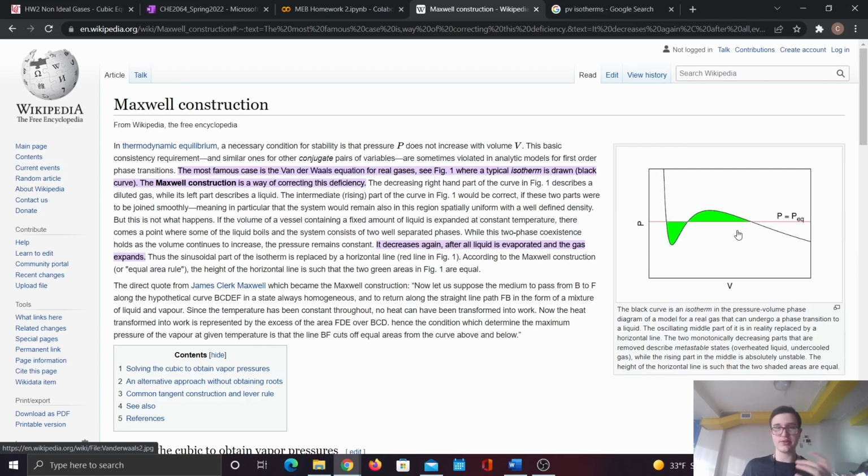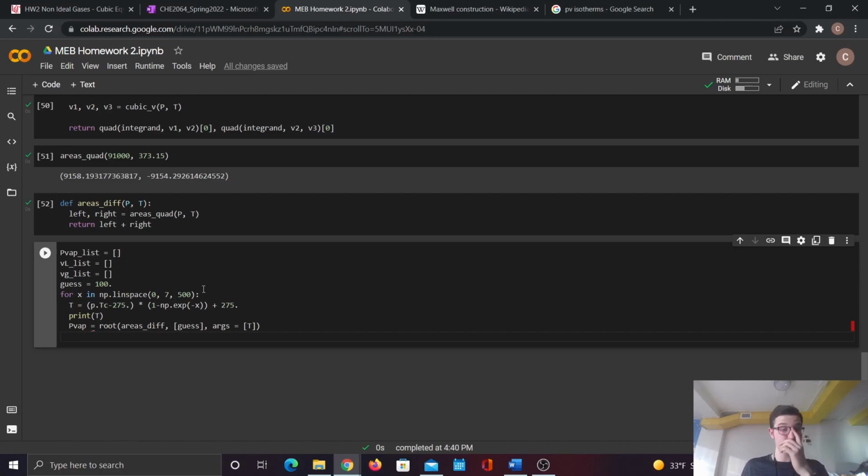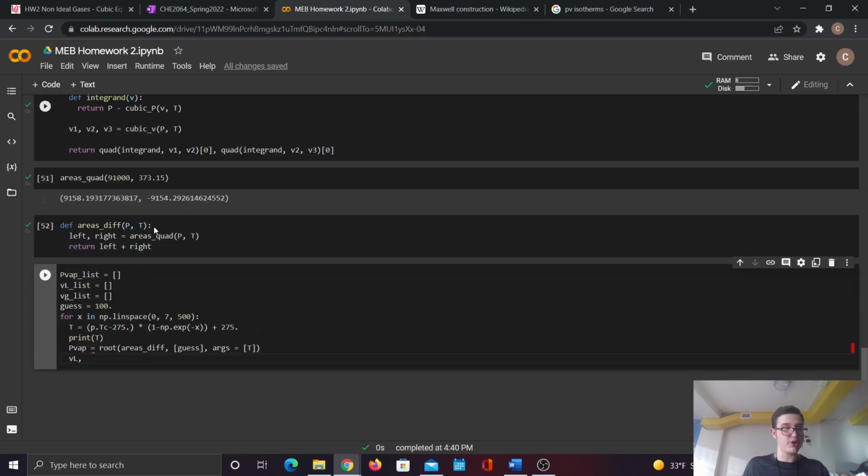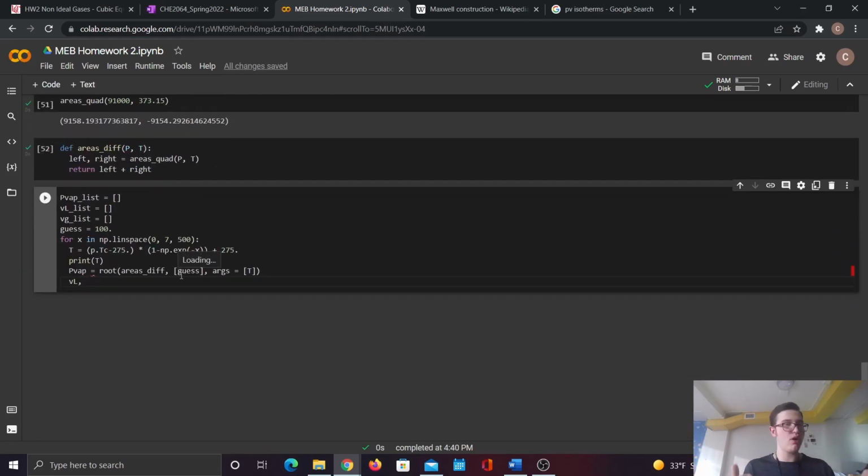Everything to the right is gas, so you can treat it as such. So we're going to have VL. We're going to be getting our 3 volumes here from cubic V. For VL, we need to unpack the second, so we'll call it underscore. It's going to be a dummy variable. We're not going to be using it.